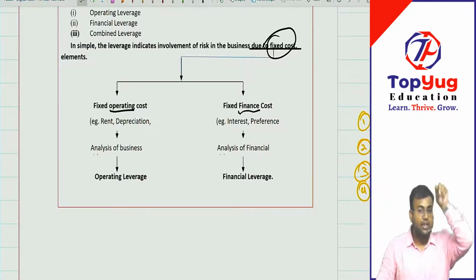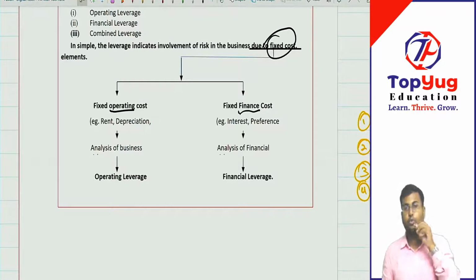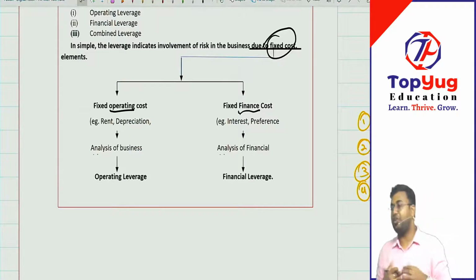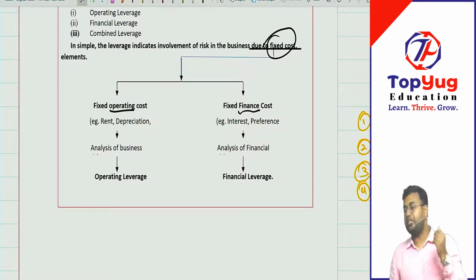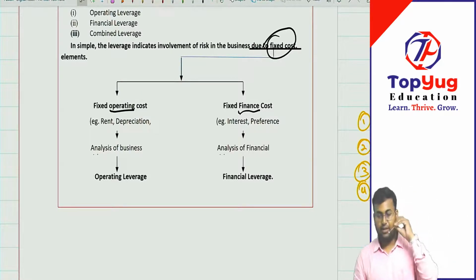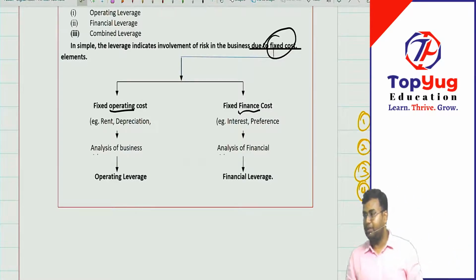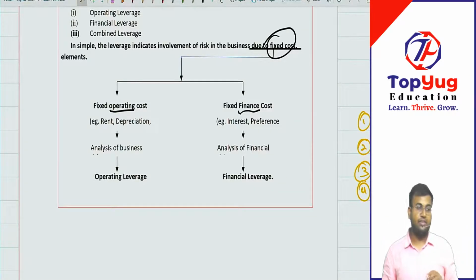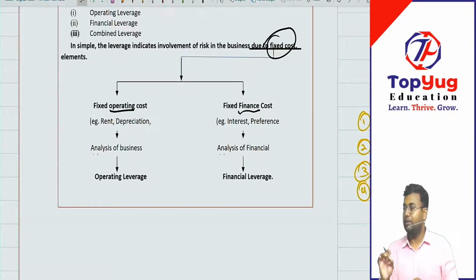That's why leverages are not based on financial statements, because financial statements are not a true picture, as per financial managers, of the overall understanding of the business. Financial statements are prepared as per Schedule 3, having certain compliance, reporting and disclosure requirements. But financial management has only one objective.